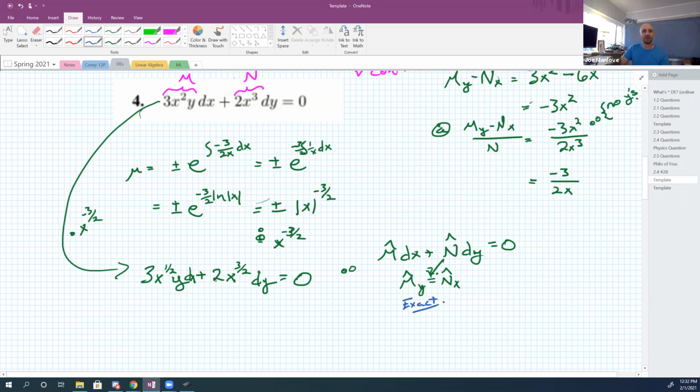Yeah, you just need to integrate either this one dy or this one dx. These are both pretty chill, but it feels like the dy integral is going to be really easy. It's going to be slap a y on that. So I'm pretty sure f of x and y is going to be 2x to the 3 halves y plus a constant. Guys with me on that? Mm-hmm.